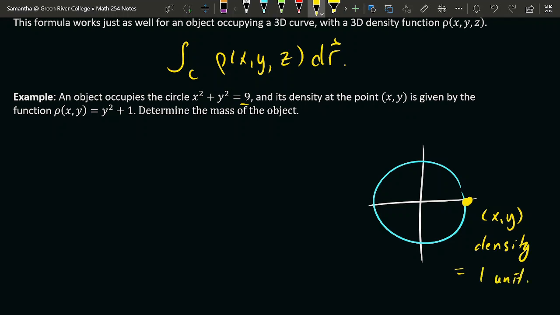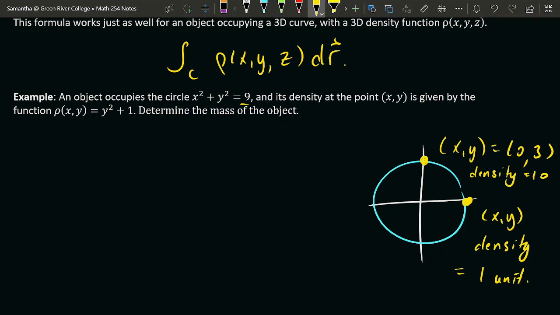But if I went up here to the top of the circle, where x equals 0 and y equals 3 respectively, at the top of this circle of radius 3, in this case, the density would be given by y equals 3 squared plus 1, which would be 10 units. So it is significantly heavier at its top end and its bottom end than it is toward the middle.